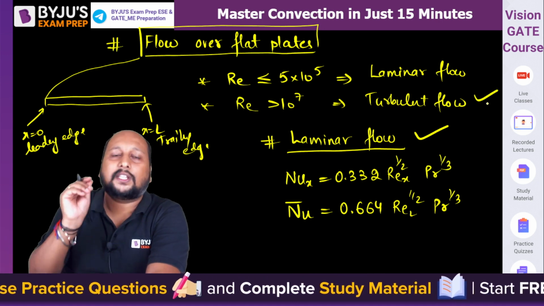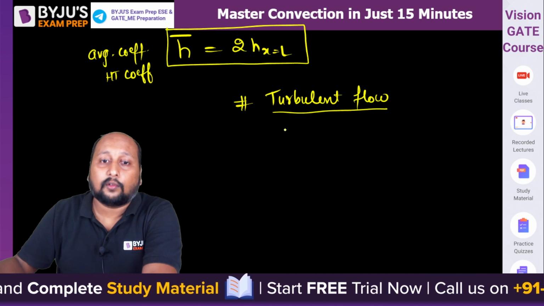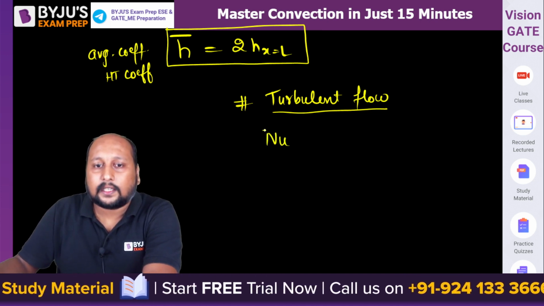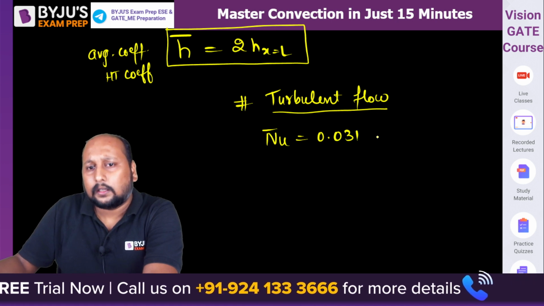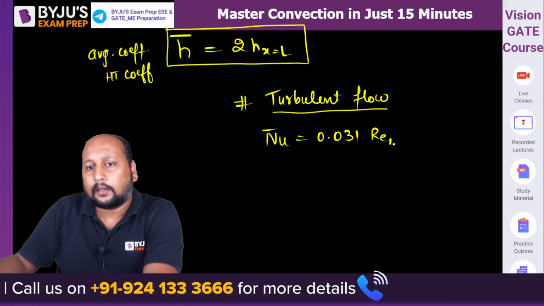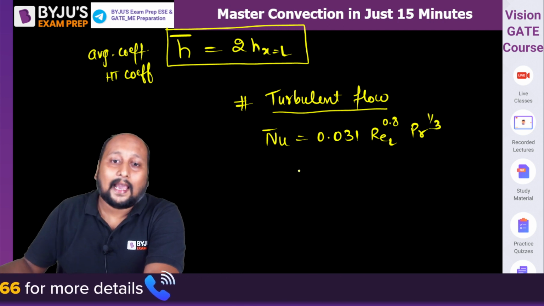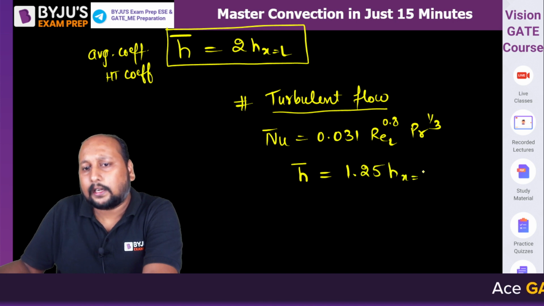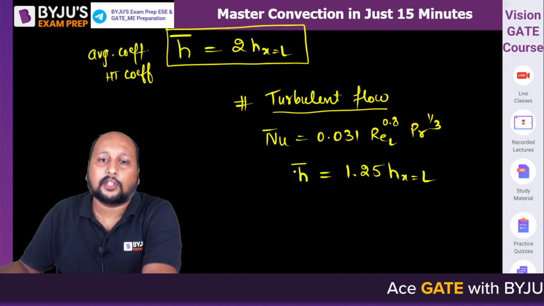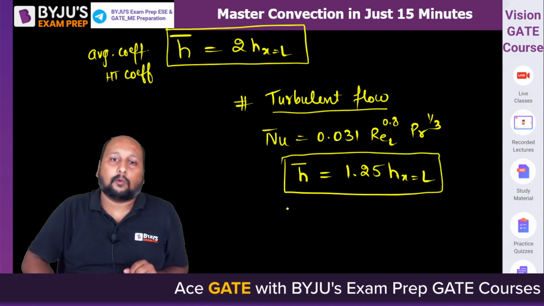If this condition is satisfied, the flow is turbulent. For turbulent flow, the average Nusselt number is equal to 0.031 Reynolds to the power 0.8 Prandtl to the power 1 by 3. It is observed that the average convective heat transfer coefficient is 1.25 times the local convective heat transfer coefficient at the trailing edge, that is 1.25 times h at x equal to L.